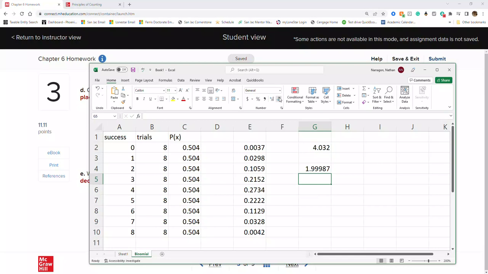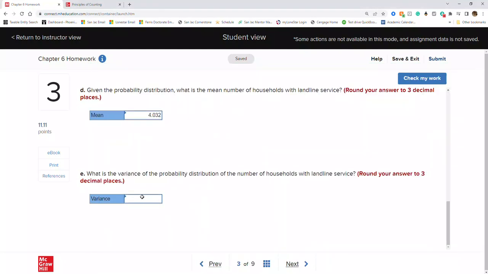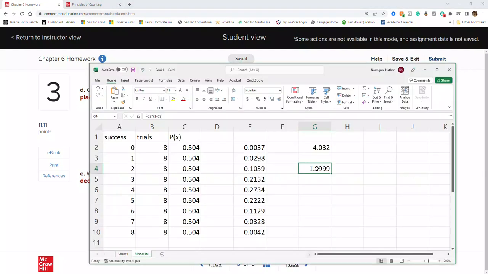Actually, this is going to be 2. No, 1.99999. Oh, nope, 3 decimal places. So yeah, it's going to be 2.